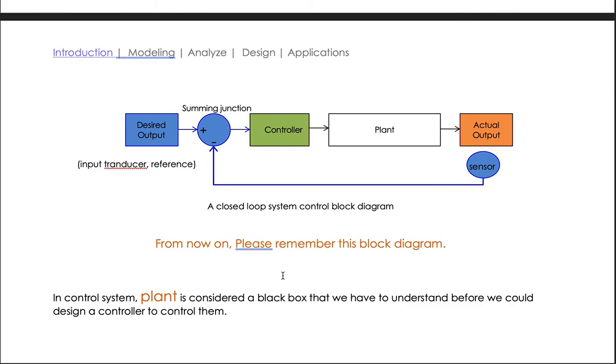From now on, please remember these block diagrams because they're very handy for control systems. Basically the plant, in control systems, is considered a black box that we have to understand before we could design a control system.